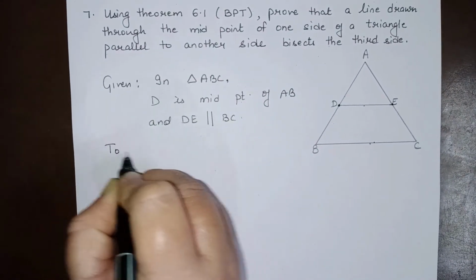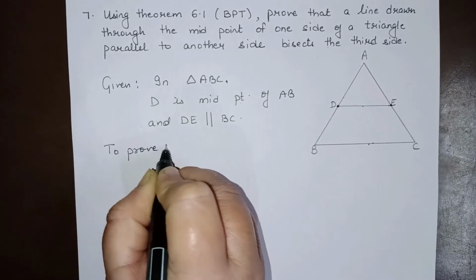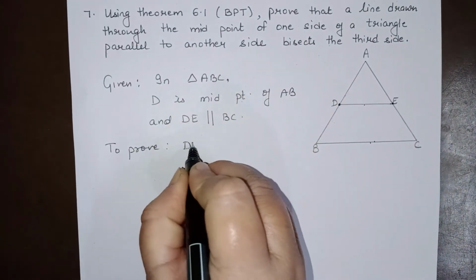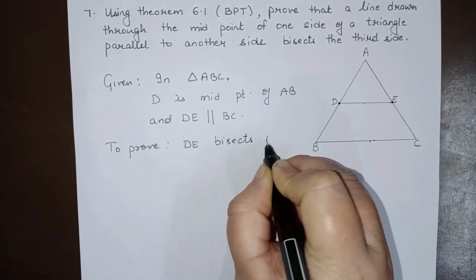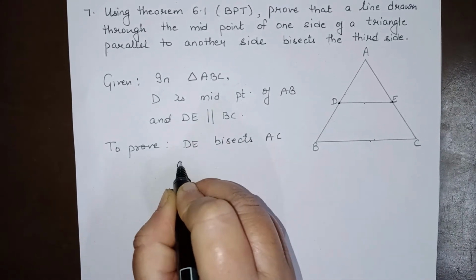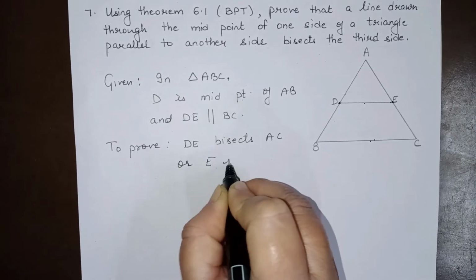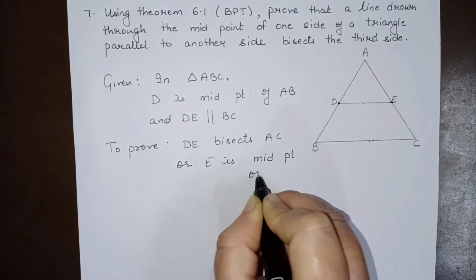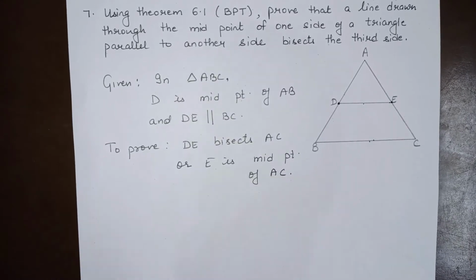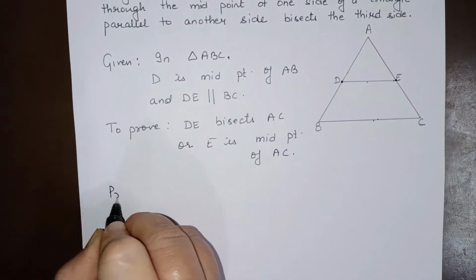Now what we have to prove? We have to prove that DE bisects AC, or E is the midpoint of AC. Okay, let us start now.